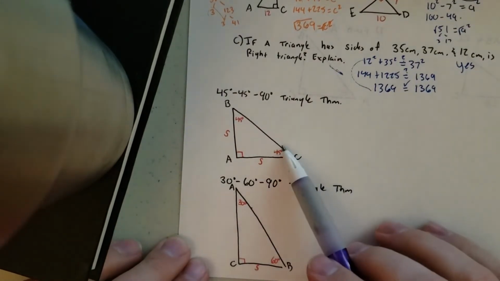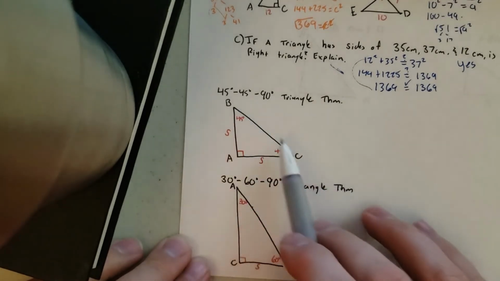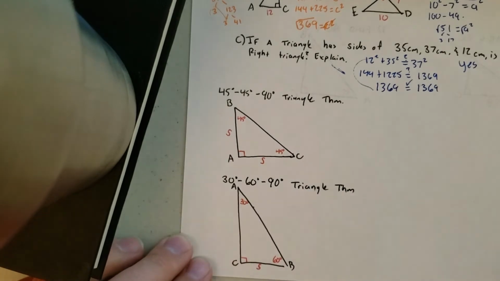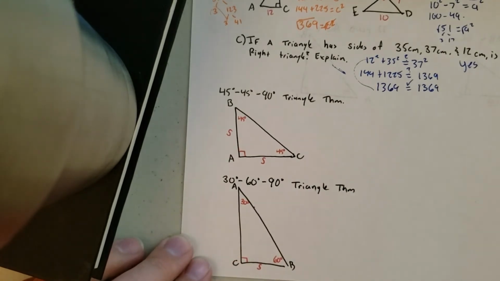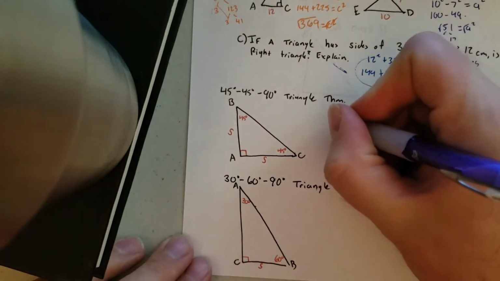If I have a 45, 45, 90 triangle, that means I have an isosceles triangle where my two angles are congruent, which means my two sides are congruent. Since this is a right triangle, I could use Pythagorean's theorem to find out what BC is. Or I can follow this equation.